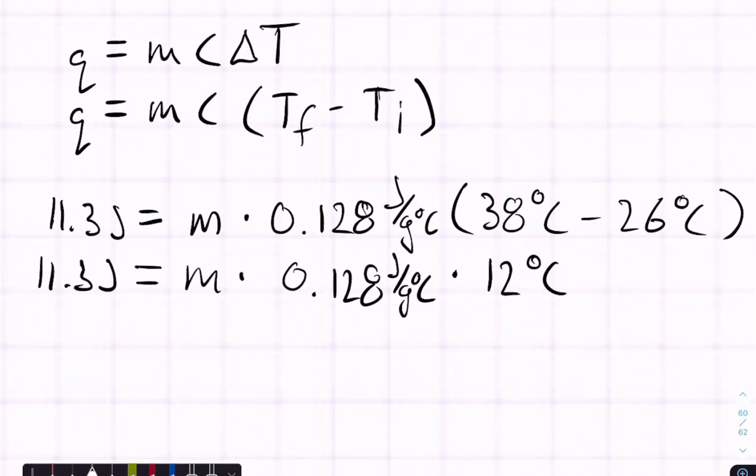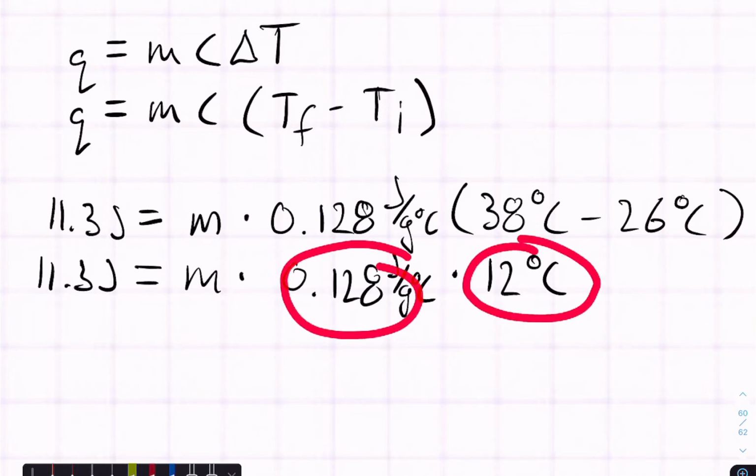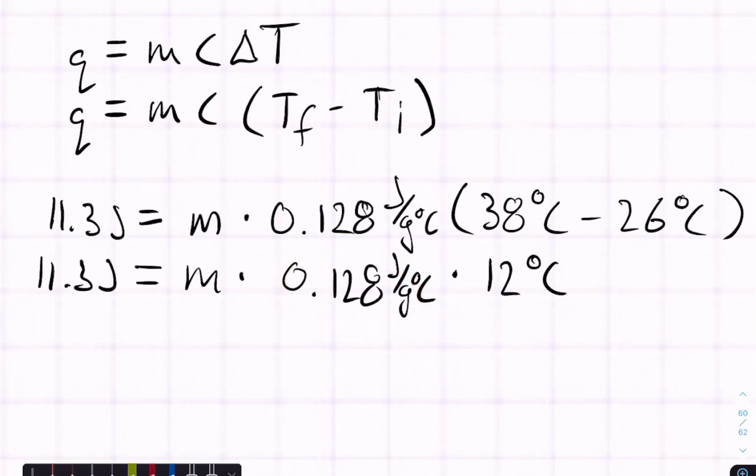There's a few things that we could do. Try to get M by itself. Right, yeah. The goal here being to get M by itself. Yeah, we can do it all at the same time. Or we could multiply, because these are two numbers without variables, we can just multiply those together first. So this a little bit comes down to whatever you're comfortable with.